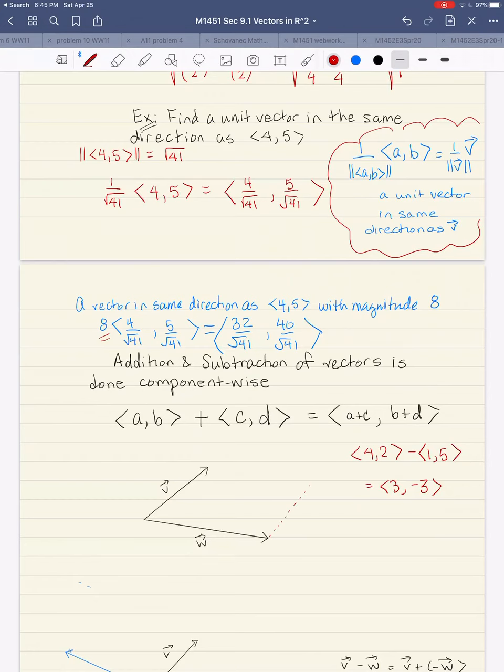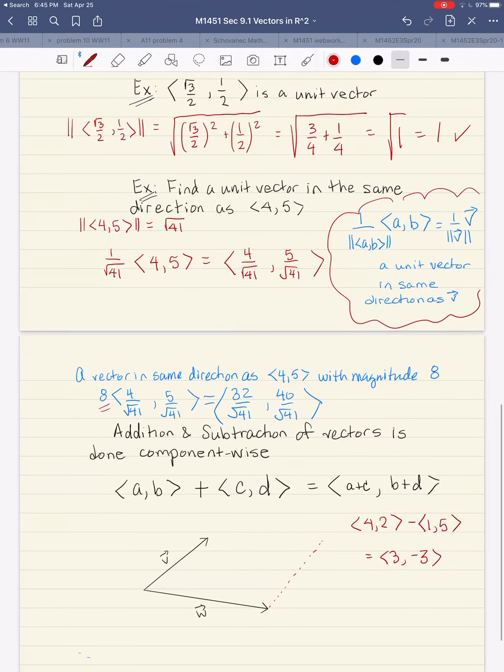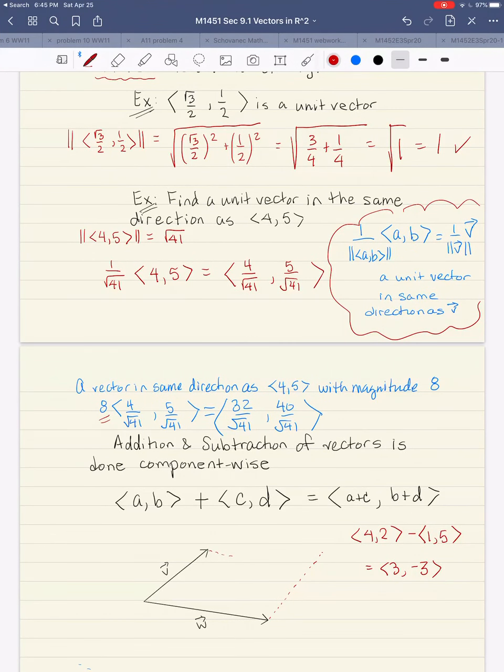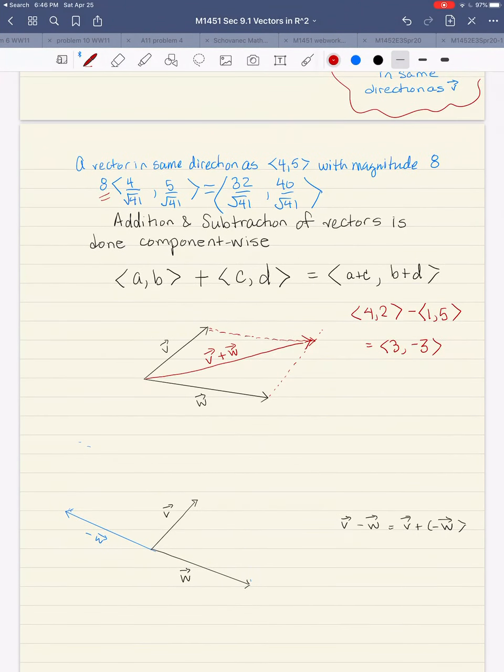Geometrically, the addition of two vectors is a vector that will look like the diagonal of the parallelogram that I can draw, trying to draw these as parallel to one another. This vector here is vector V plus W. Now if I subtract two vectors, I can represent that as well.